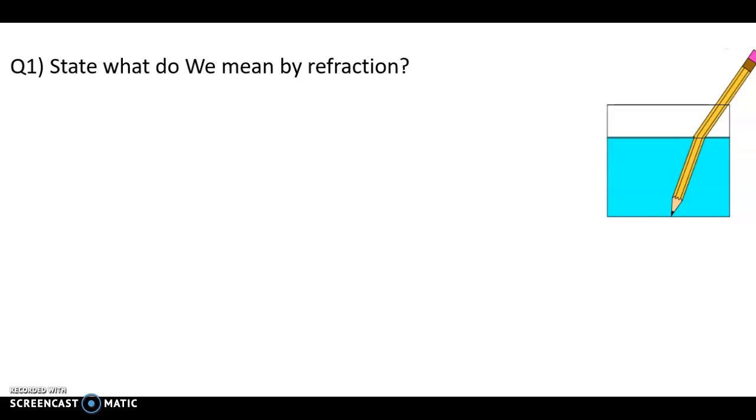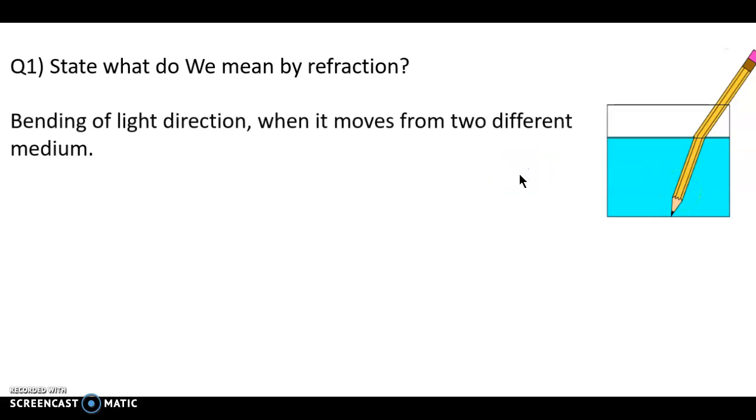What has happened here? I can recognize that there is a bending of the pencil's direction on this material. How does this come? I can see the bending of light direction when it moves between two different media.